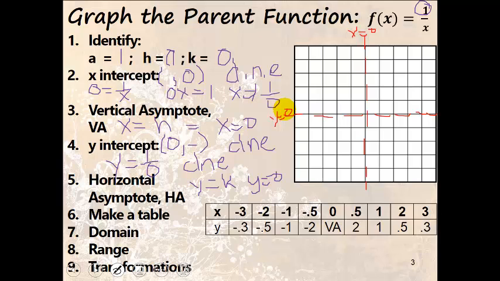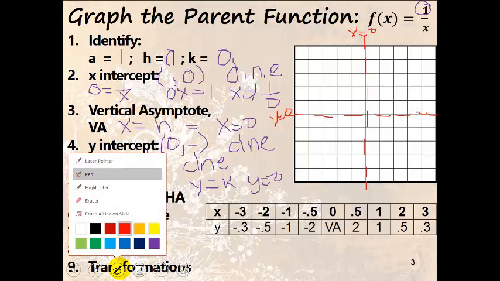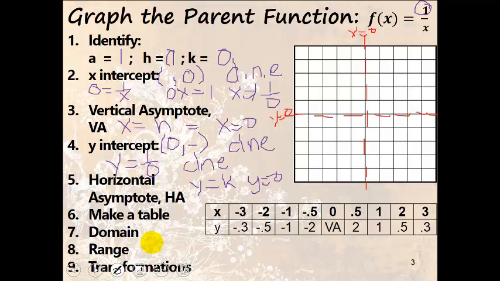And I'm going to go back to purple for my points, and I'm going to plot my points here. Notice what I put in the center here. I put my vertical asymptote in the center because I want to pick points to the left and right because everything is symmetrical around that line, okay? So out at -3, I'm at -0.3. So that's like right here. I have to use little x's because remember my dots are funky. And at -2, I'm at -0.5.